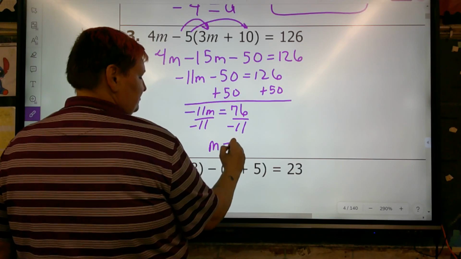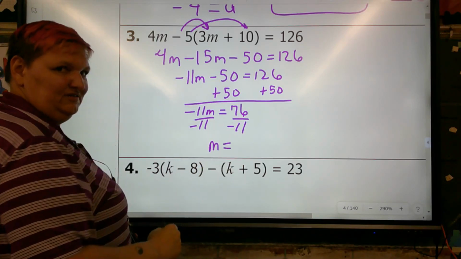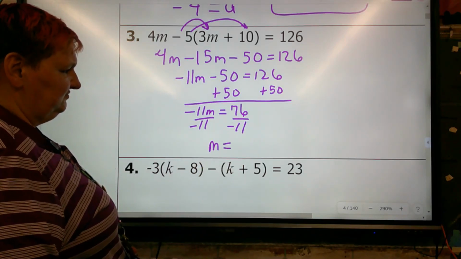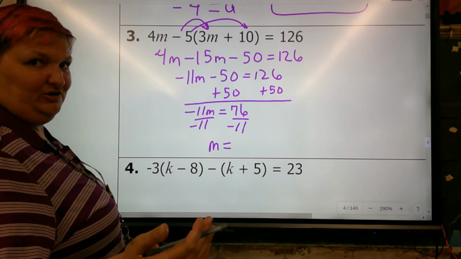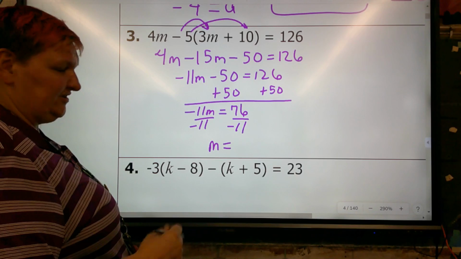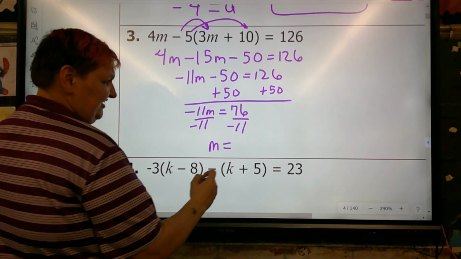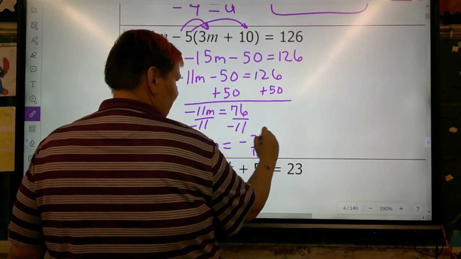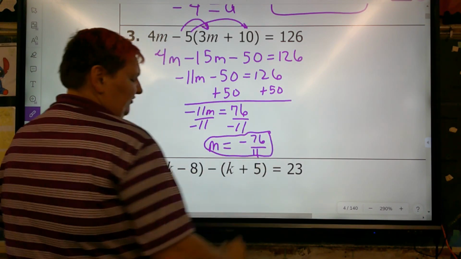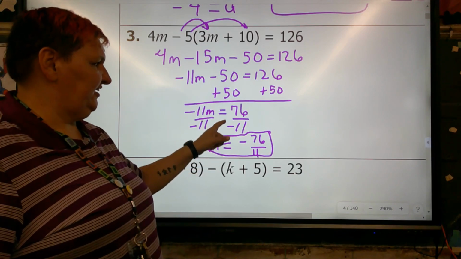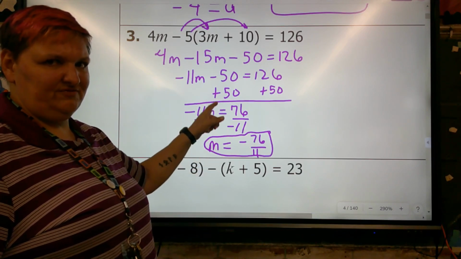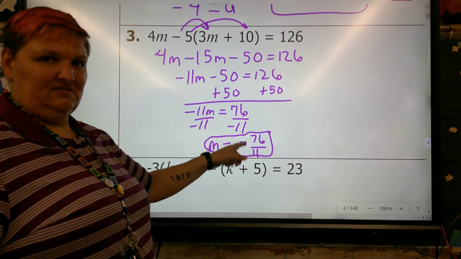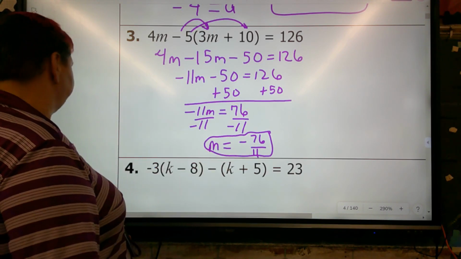M is equal to, I don't think that can be divided. If it was 77, you could simplify it. But it's not, it's 176. I think that's the answer. Negative 176 over 11. Remember, when it comes to a fraction, that negative sign can float. It doesn't matter which value it goes with. It floats in the middle.